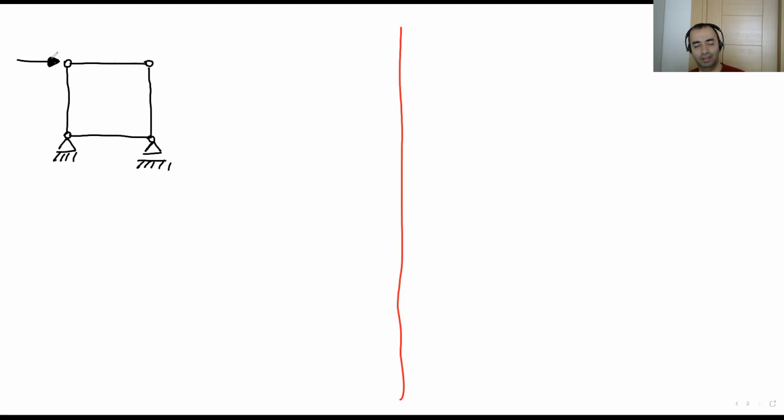The other thing is just calculation. If we apply this lateral load to this rectangle truss system, as you can see, all the members are straight. They're connected to each other with hinges. We apply a load. How does it work? Any comment, any idea?